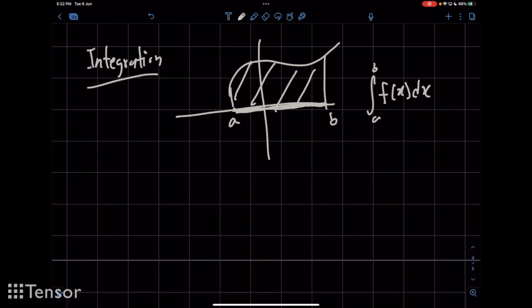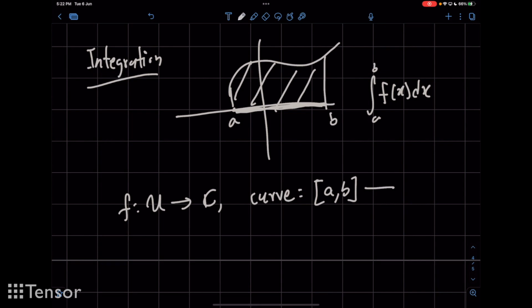All right, let's say I have a holomorphic function from U to C, and I have a curve. So what is a curve? A curve is a continuous map from an interval to, let's say, U. So this needs to be continuous.